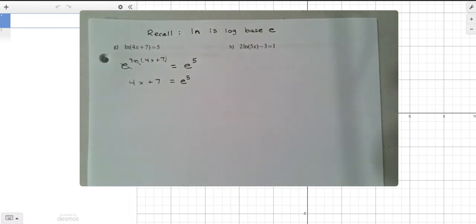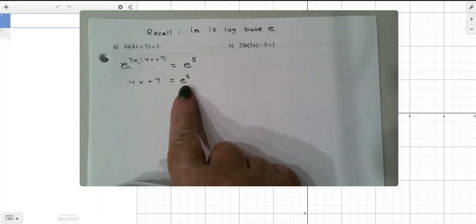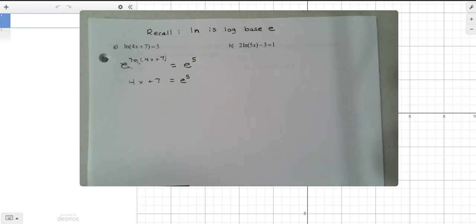Now what you do next kind of depends on what you're asked for. If you're asked for an exact answer, e to the 5th, of course, will never come out evenly. E itself is not a decimal that ever ends. So if I want to keep this exact, I'm going to have to leave the e to the 5th in the answer.